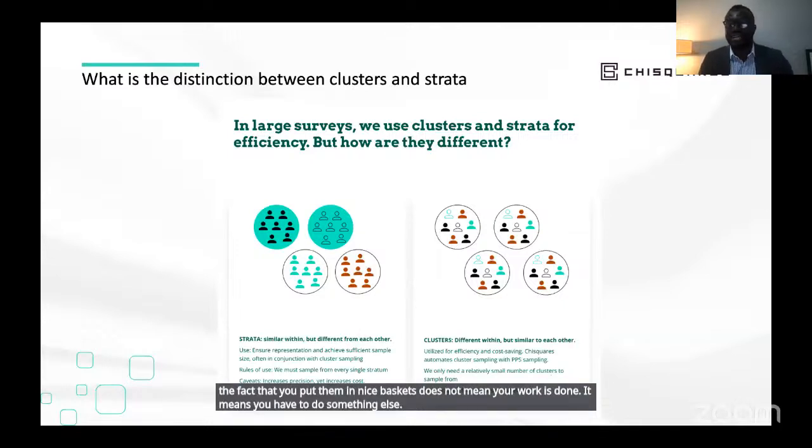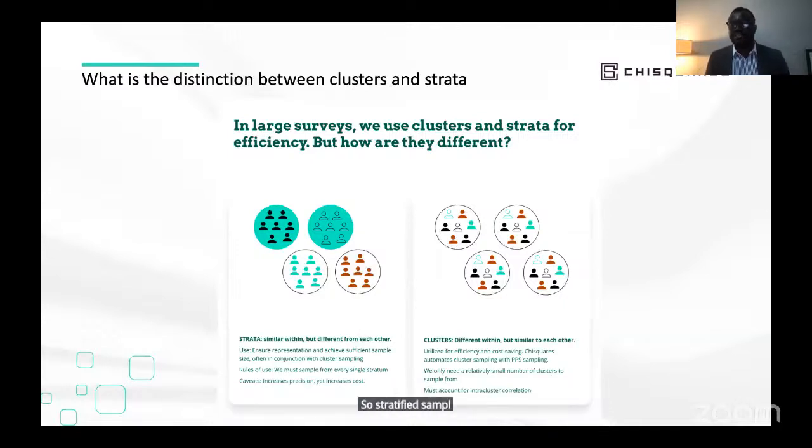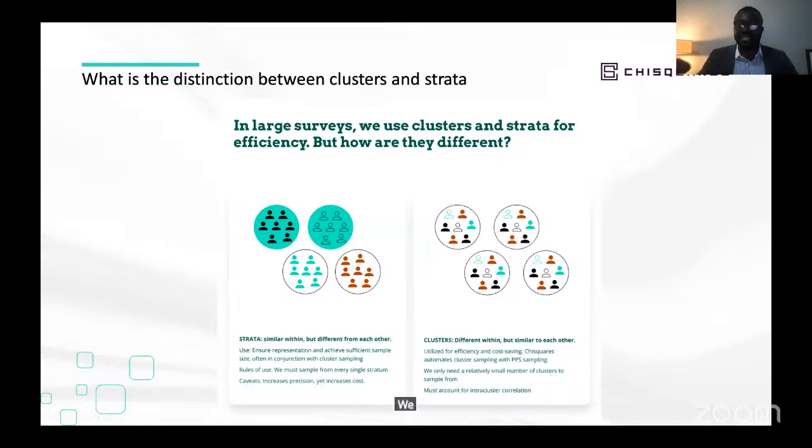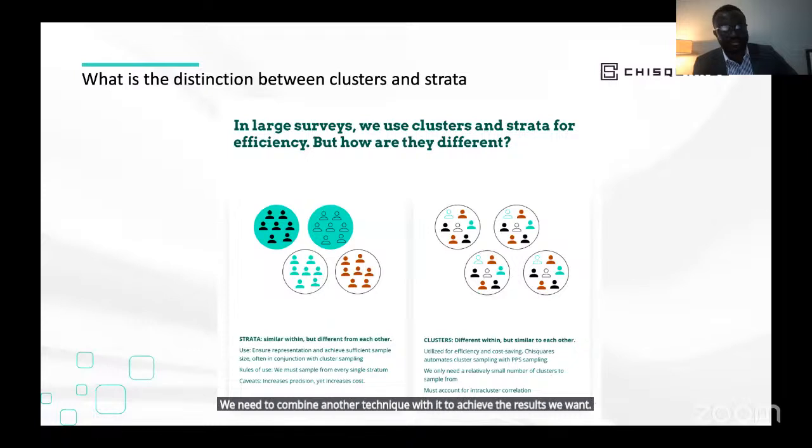So stratified sampling cannot exist on its own. You have to use another technique with that to now distribute. Whether it's proportionate strata or disproportionate strata, it does not matter. We need to combine another technique with it to achieve the results we want. Make sense? All right, thank you, sir.